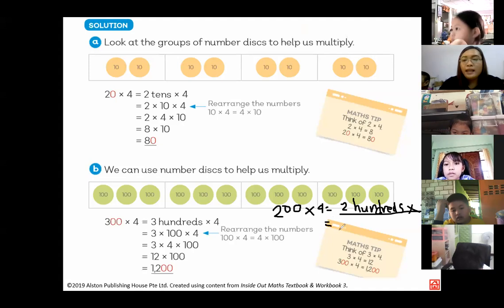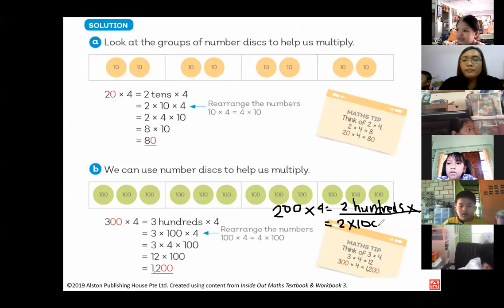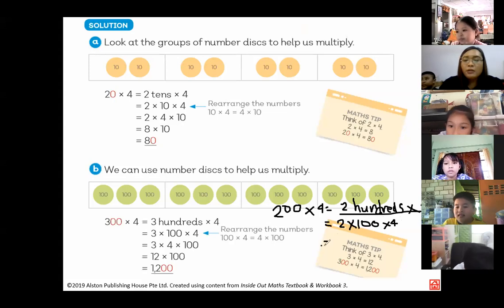All right. And then let's copy number 2 and then the numeral 100, and then times 4. Okay. Next, rearrange. Rearrange number 4 and 100.